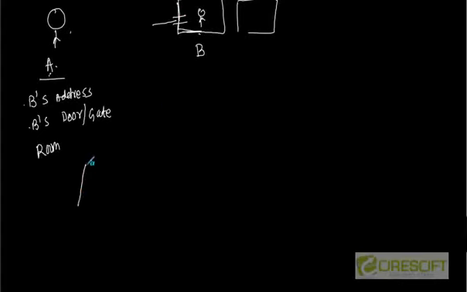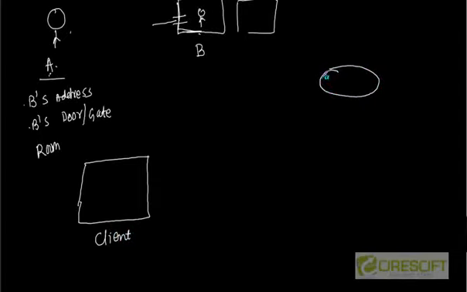Let's say this is our client, and somewhere in the world we have our database server. From now onwards we are going to draw a cylinder, and that cylinder is basically the Oracle database server. Somewhere in the world we have a database server, and inside the database server we have a user.